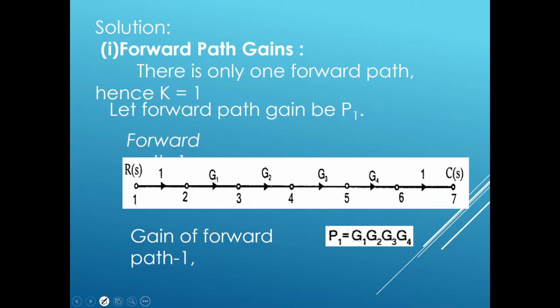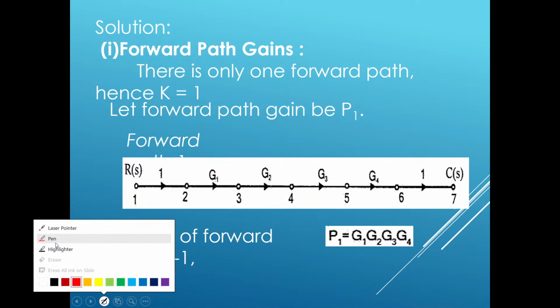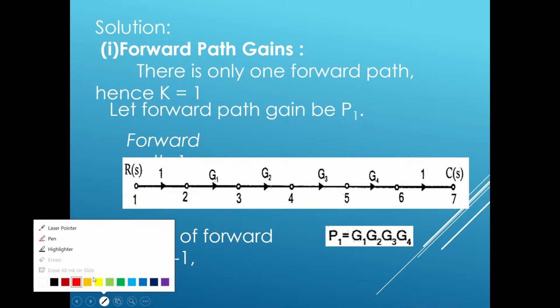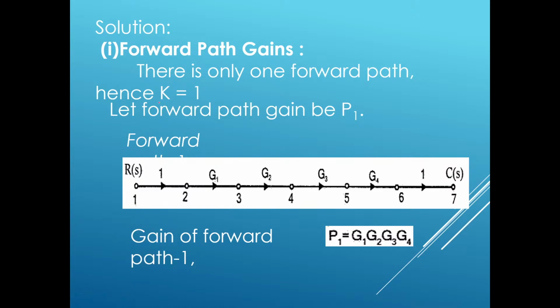So k is equal to 1. For the forward path gain, let us assume notation P1. So what is P1? G1 into G2 into G3 into G4.